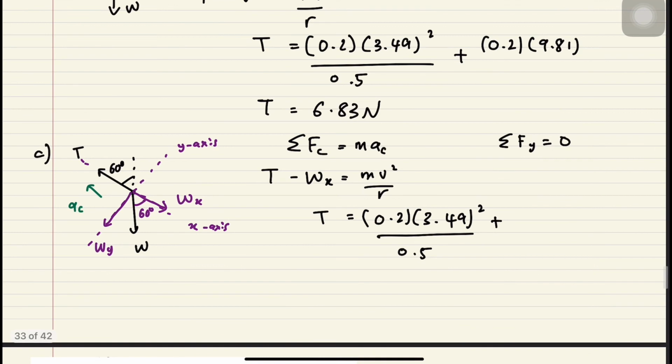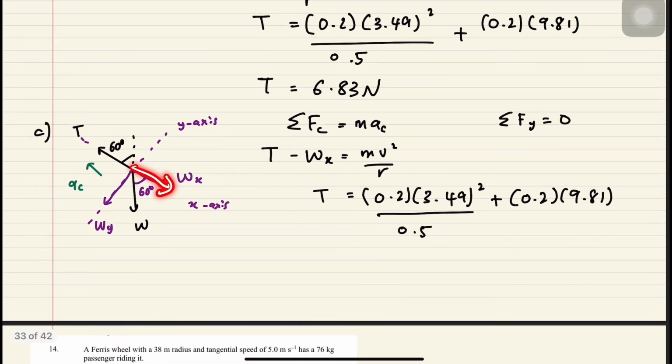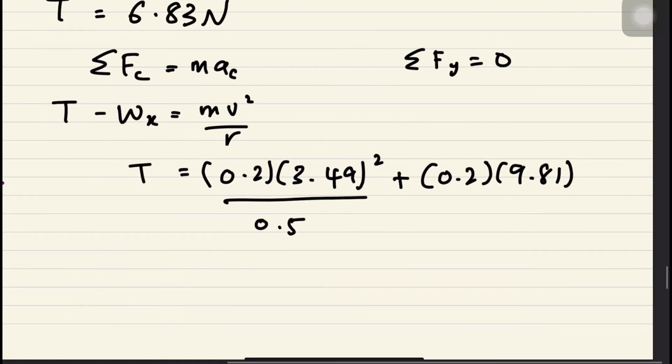wx is mass times g, and then you have to multiply with cos 60, because if you want to go from w to wx, you have to go through the angle, so that will be cos 60.